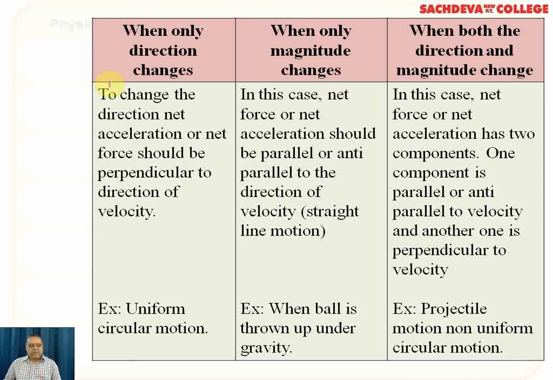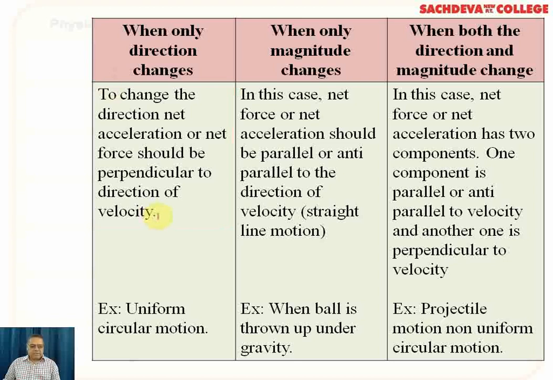So at that point the velocity will be different compared to the earlier one, and the change in velocity will be the change in direction of the tangent. Therefore, acceleration changes when only direction changes. To change the direction, net acceleration or net force should be perpendicular to the direction of velocity.